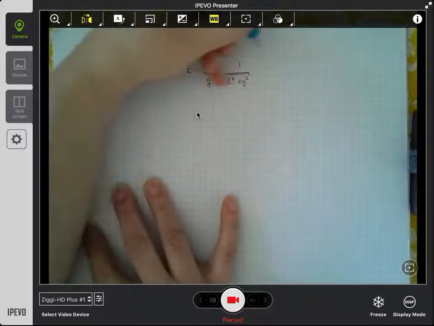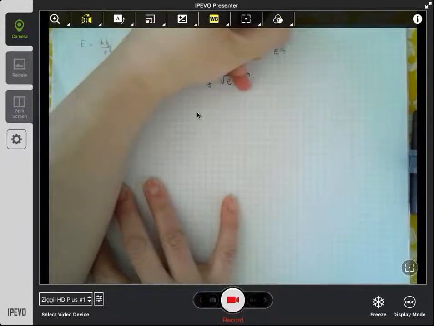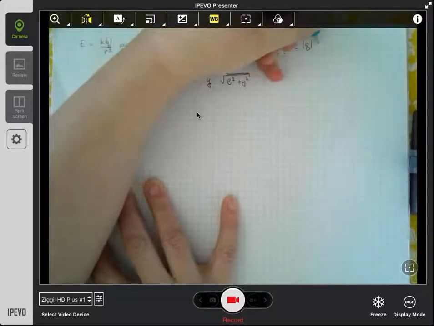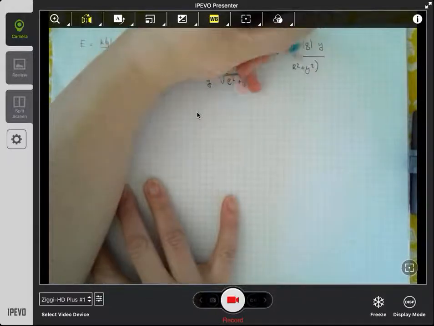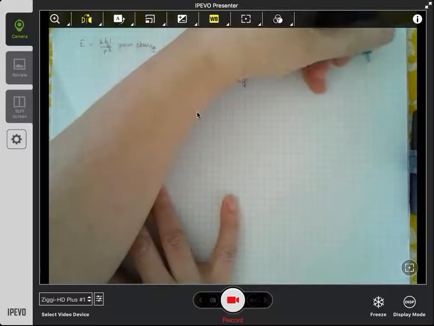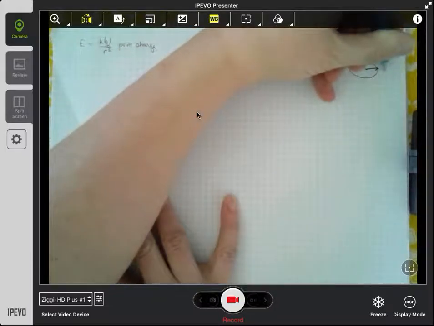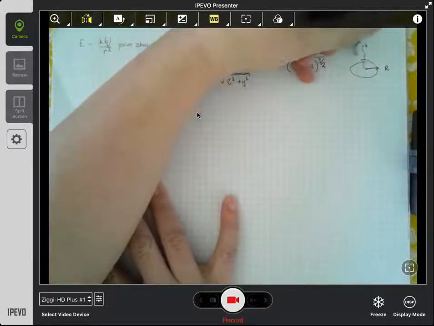And then we've got the equation for a ring, which is kQy over (R squared plus y squared) to the 3/2 power. So that's for a ring of radius R at some distance y above it.